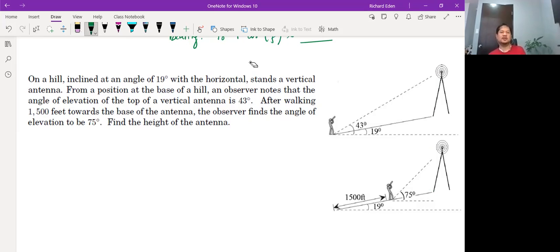Of course the antenna has a dimension, but for our purposes, just imagine the antenna to be a vertical structure. Something like that. It will be minutely thin with a width of exactly 0.